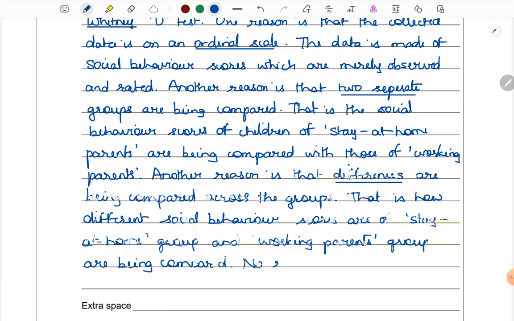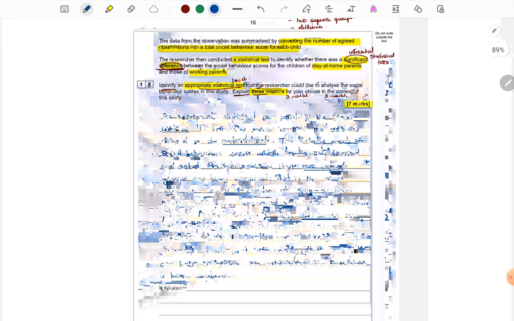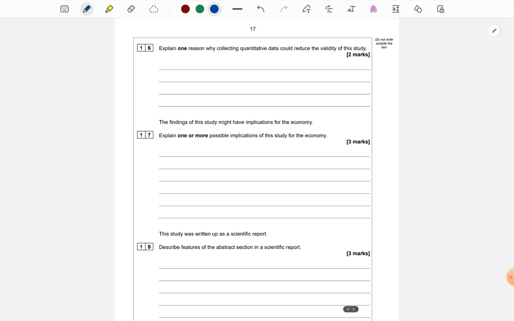No relationship for correlation is being analyzed. Just to make it clear why I'm emphasizing on difference, so I say that correlation is not being studied. That, like I said, is optional. Extra space I do not require. If you're explaining at length, you can use the extra space.